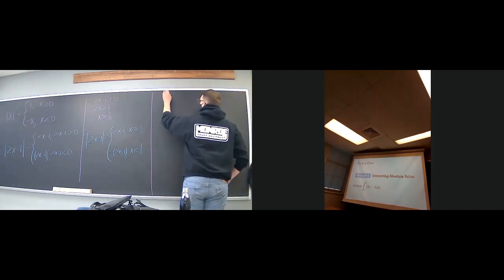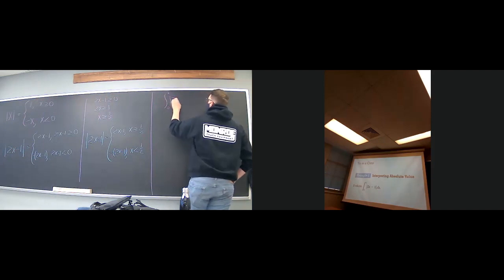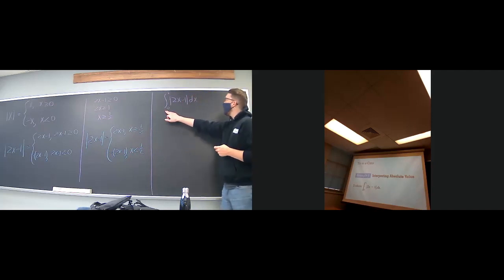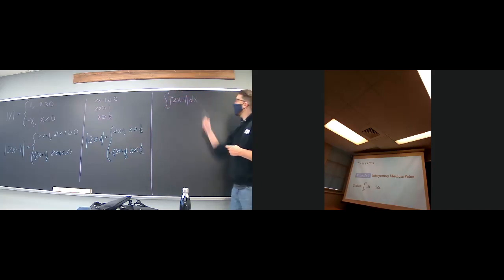So now that we know 1/2, well, let me write it out this way. The integral of the absolute value of 2x minus 1 dx. Now that we know 1/2 is the value that separates our two different parts, we know we're going to have to break this integral up from 0 to 1/2 and 1/2 to 2. Make sense?